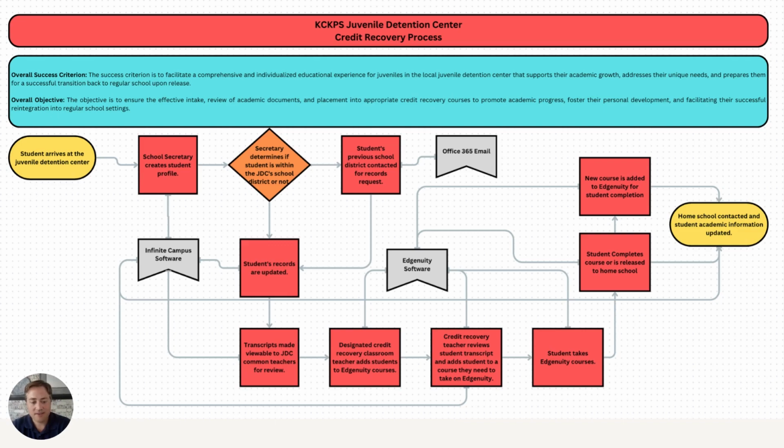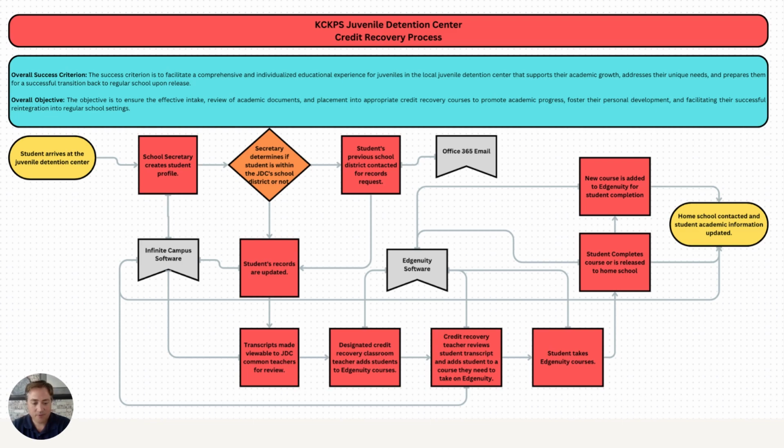If you go to the right, the student's previous school district is contacted for records requests. She'll use the Office 365 email system, and then all of that eventually goes back down below the orange box where it says student records are updated. If you go down, transcripts are made viewable to JDC common teachers for review.